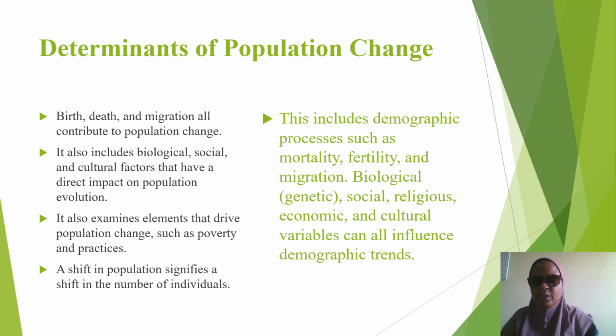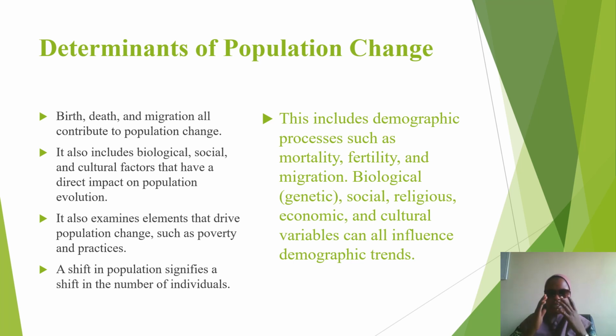It can also be biological. Biological means genetic, heredity, and chromosomal abnormalities and all that. Then we have social, which may be peer pressure, drug abuse, social issues generally. Then religious, the impact of religion on our health or population cannot be overemphasized.